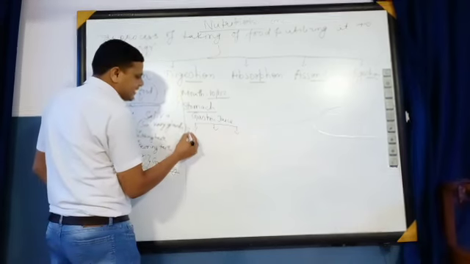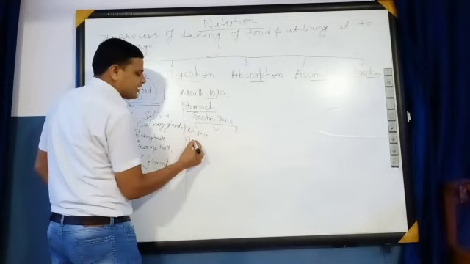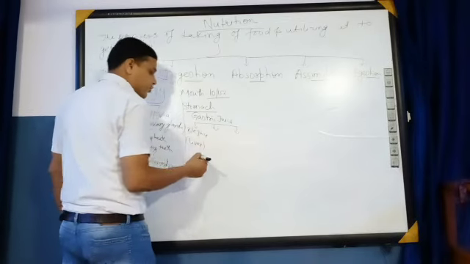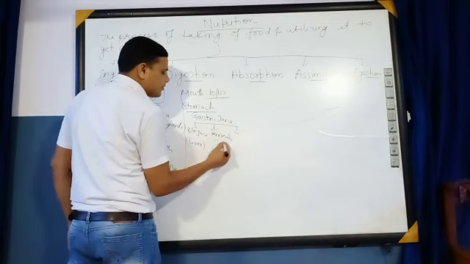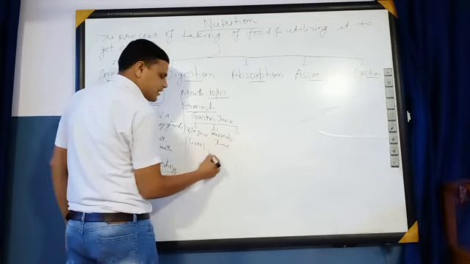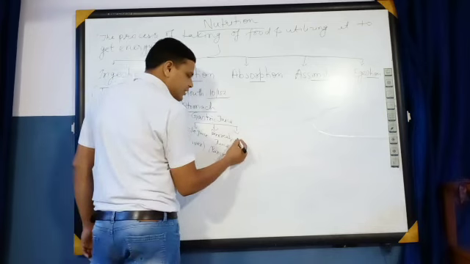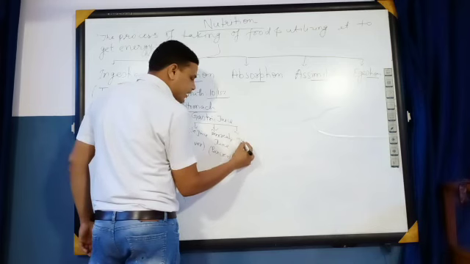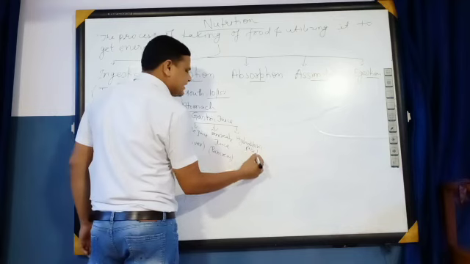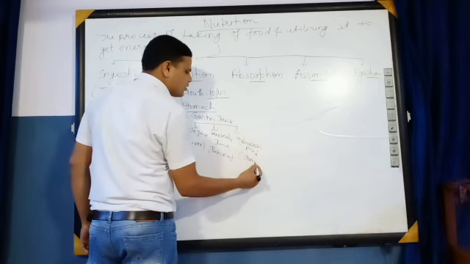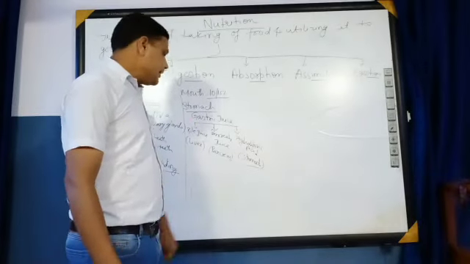First, we have bile juice, which we get from the liver. Second, we have pancreatic juice that we get from the pancreas. Third, we have hydrochloric acid, which the stomach secretes.